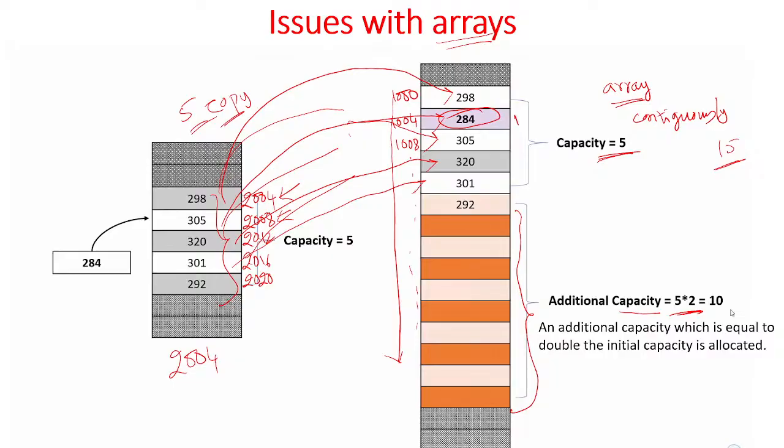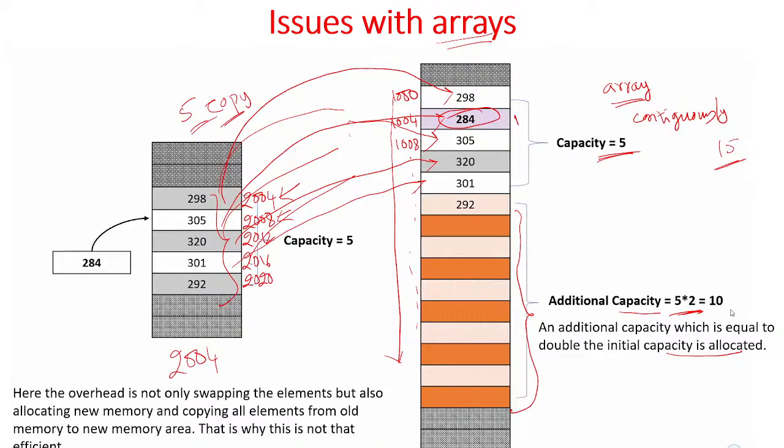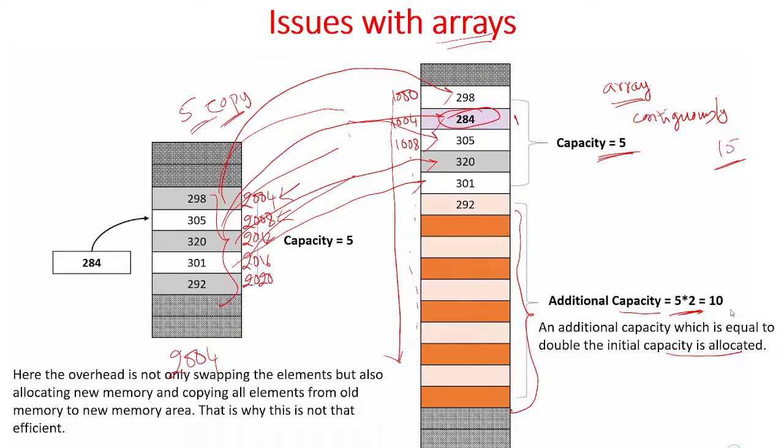Generally when it acquires additional space, it is double the capacity of the initial space. This is called doubling the array. So what is the overhead? The overhead is not only swapping the elements from this to this new location, but also allocating a new memory location and copying elements from old memory to new memory.